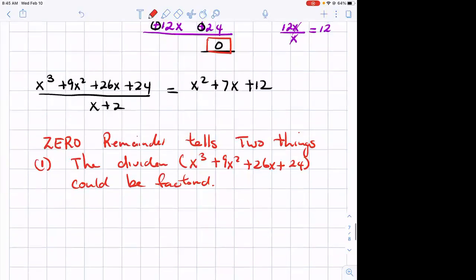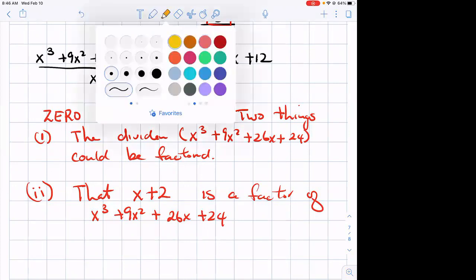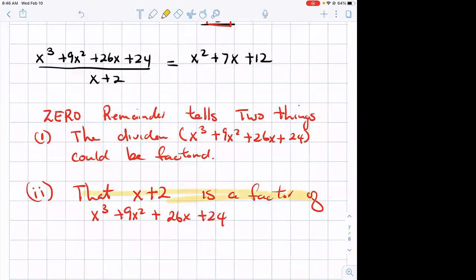And two, which is very, very important for you, it tells us that x plus 2 is a factor of the dividend x cubed plus 9x squared plus 26x plus 24. And this one here is very important with the way the problem is worded.